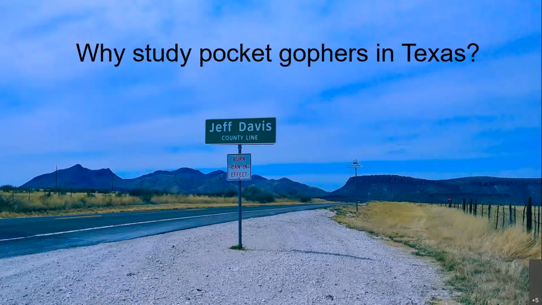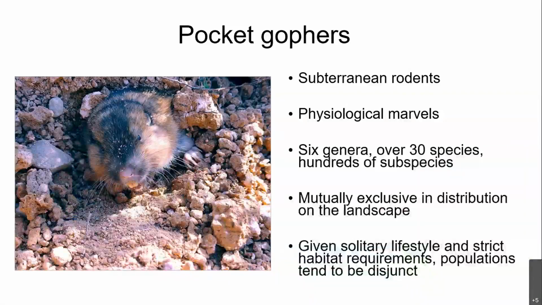So why are we studying pocket gophers in Texas? Other than getting to go to some really cool places in Texas, such as Alpine and Fort Davis, a couple of things. Pocket gophers, if you're unfamiliar with them, are subterranean rodents. They're physiological marvels. One thing some species can do is turn around 180 degrees within their own skin in a burrow, so they can turn around and go wherever they need to go, and they can push tons of dirt over their lifetime.